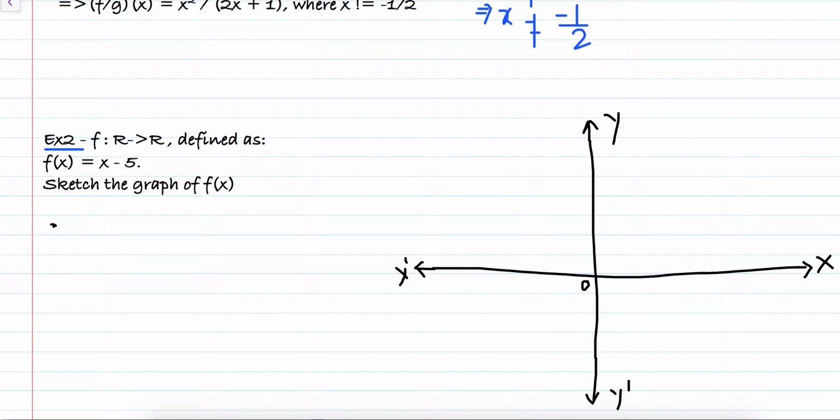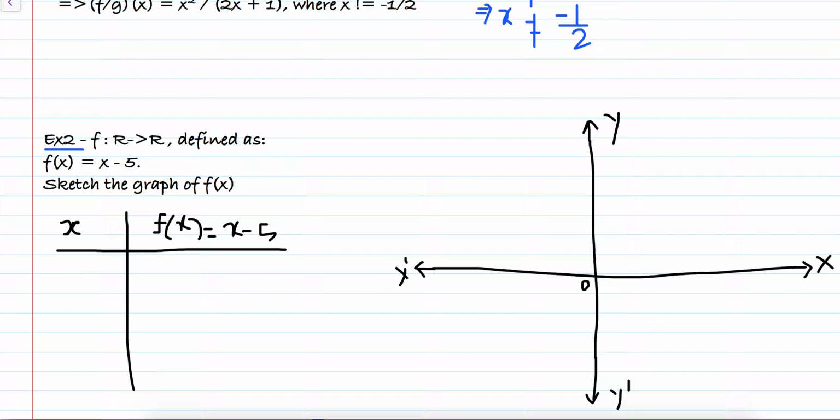Here we will write the values that x will take, and here we will take the values that f(x) will take for the corresponding x. So here f(x) is defined by x minus 5. So if x is 0, f(x) is 0 minus 5, minus 5. So we will plot this.